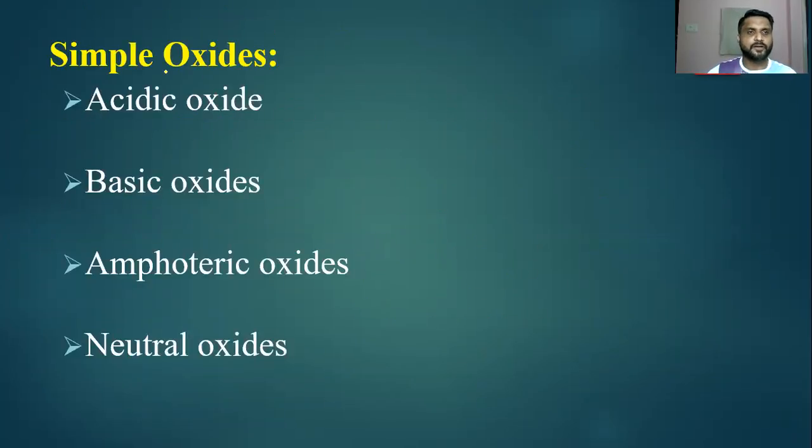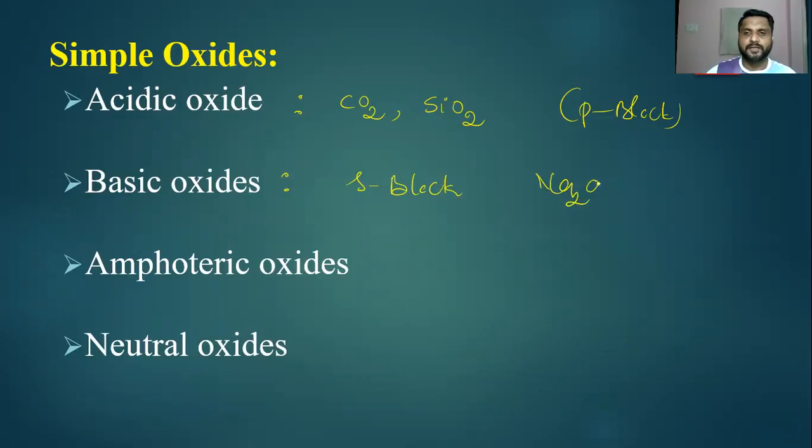Now, we have simple oxides. Oxides are of different types. Acidic oxides, for example carbon dioxide, and silicon dioxide is also an acidic oxide. Generally acidic oxides are from the p block elements. Basic oxides are generally from the s block elements, like sodium oxide, calcium oxide, and magnesium oxide.